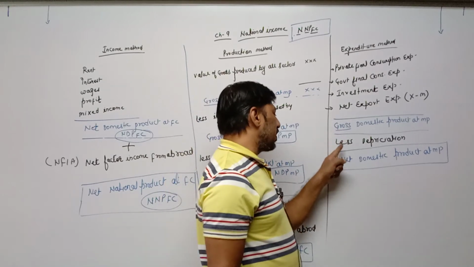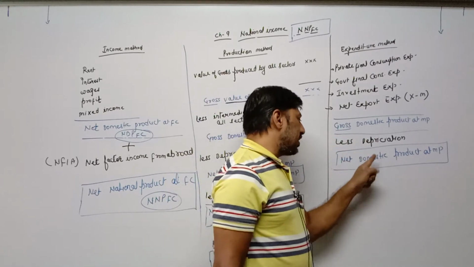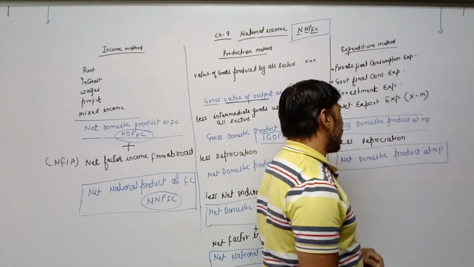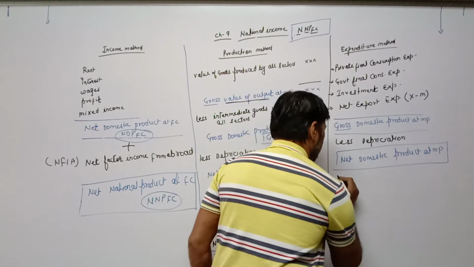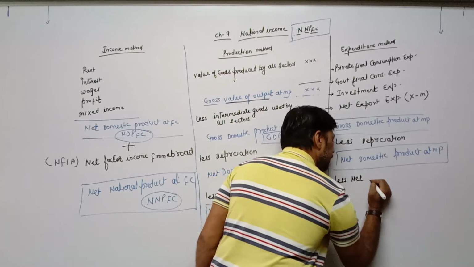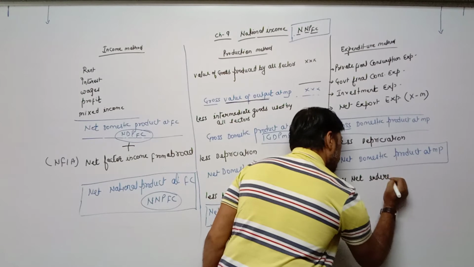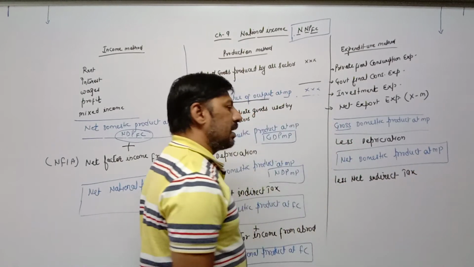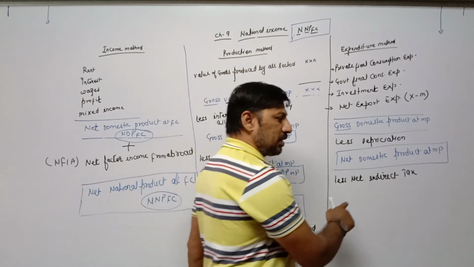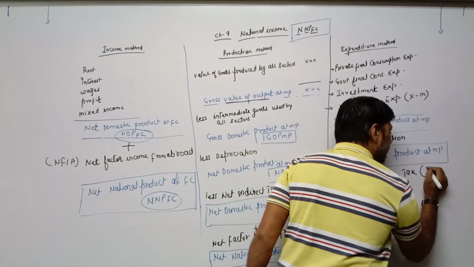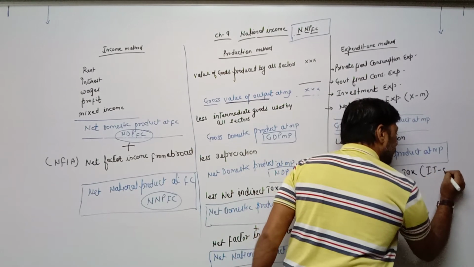Now gross is converted into net, domestic product remains domestic product. Now we have to convert market price into factor cost. How? Less net indirect tax. And what is the formula for net indirect tax? Indirect tax, in short IT, means indirect tax minus subsidy.